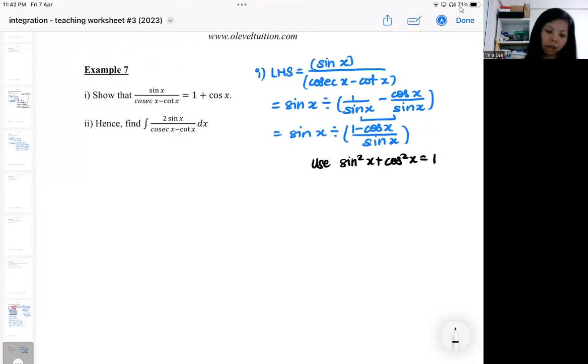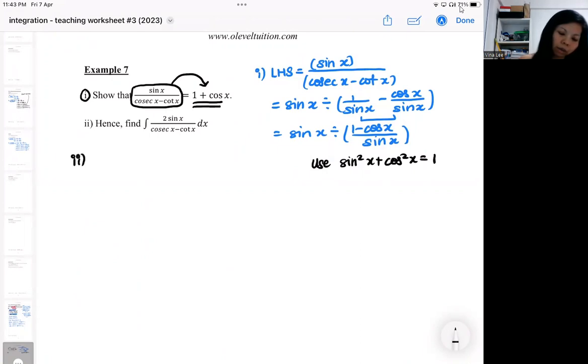So again, if let's say you didn't manage to prove, or time is running out, you look at the whole thing as a formula. So this is the equivalent formula. So with the equivalent formula, I'm trying to integrate this thing that they wanted. The difference between this and the formula is there is a number 2.